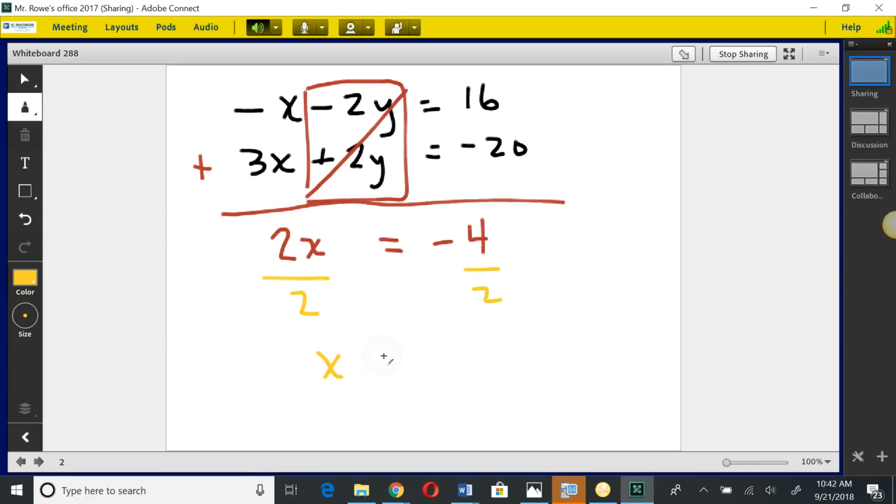And just like that, I already have what x is. And so now I'm going to take that value, pick one of the two original equations, substitute to find y.